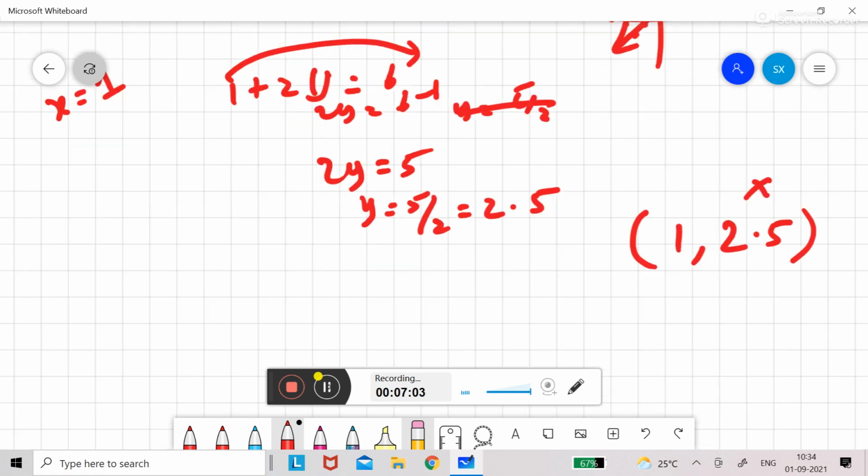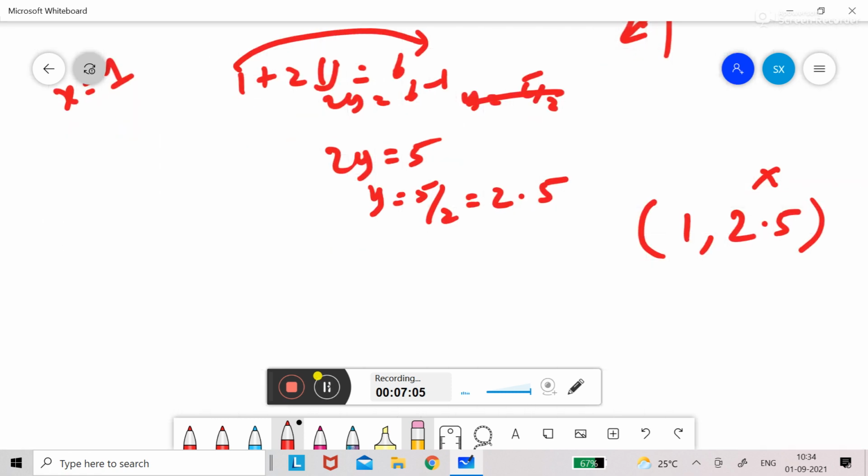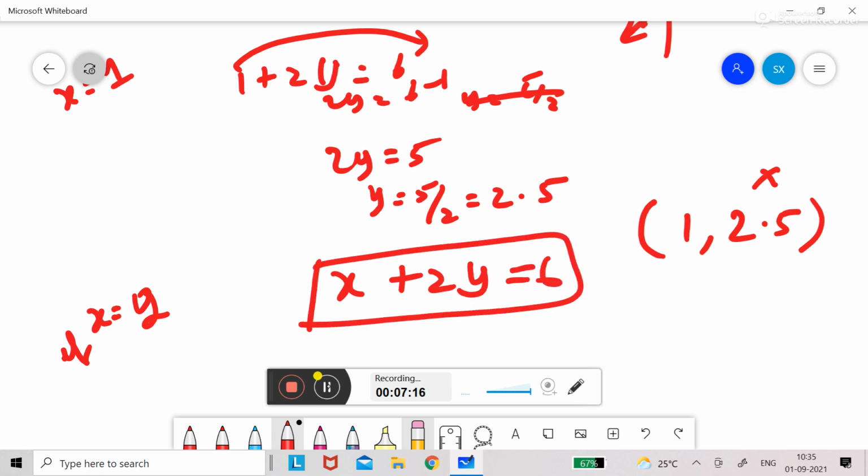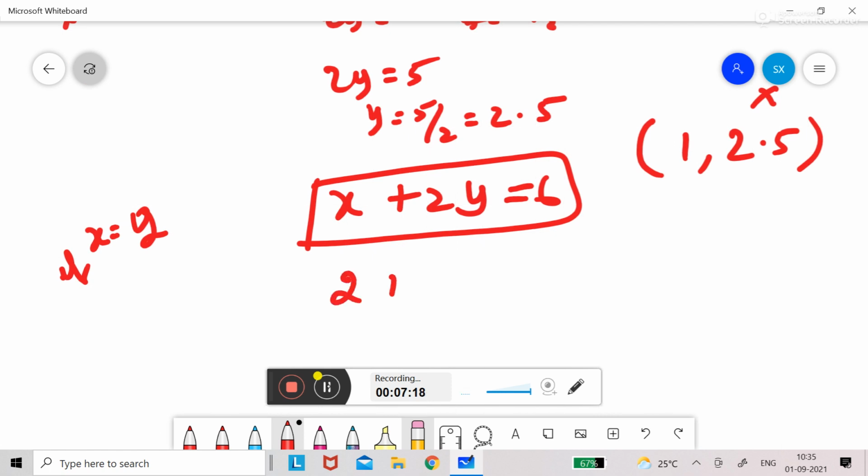Okay, if you don't want a decimal, see for example 2. If x is equal to 2, substitute in the same equation. What is that equation? x plus 2y equal to 6. When I substitute 2, I get 2y is equal to 6 minus 2, which is equal to 4.